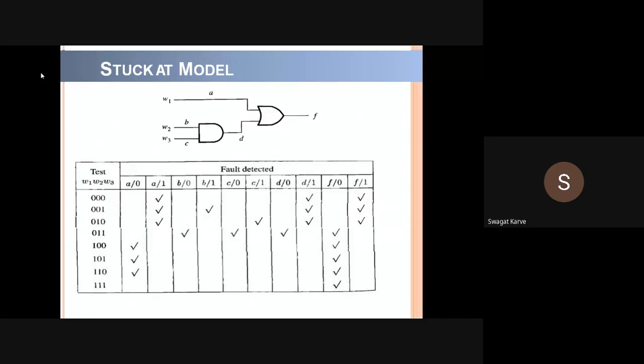Connect the D wire to logic 0, then to logic 1, and check the output.